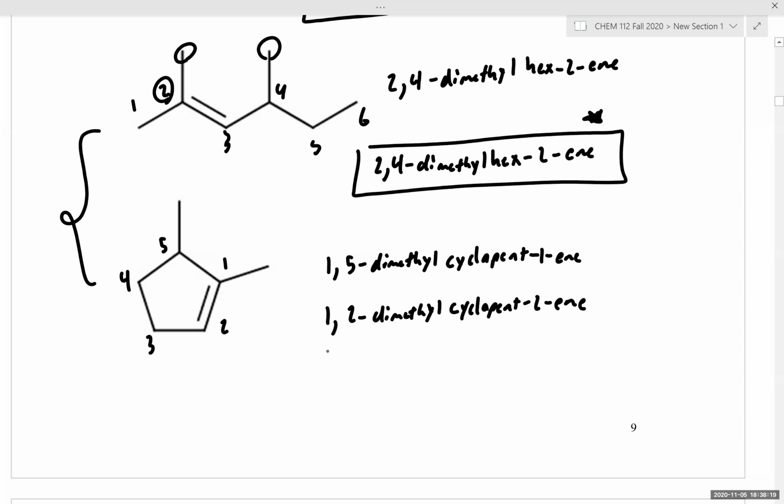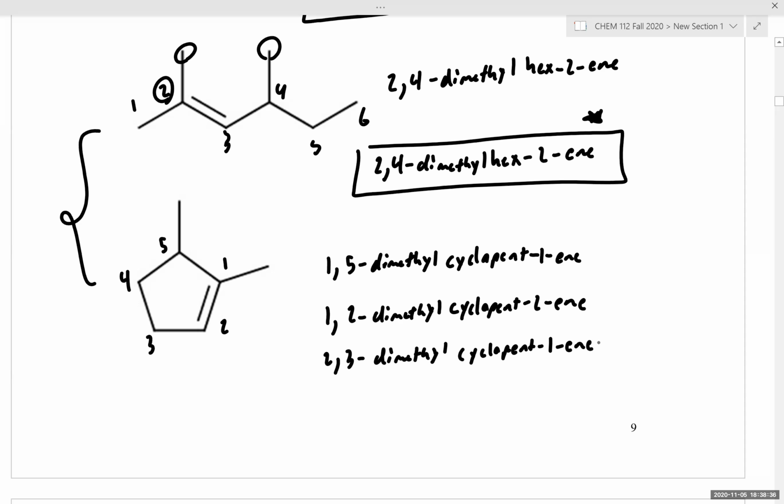And we also have as another proposed name, 2,3-dimethyl cyclopent-1-ene. Okay, so there are a few options here.